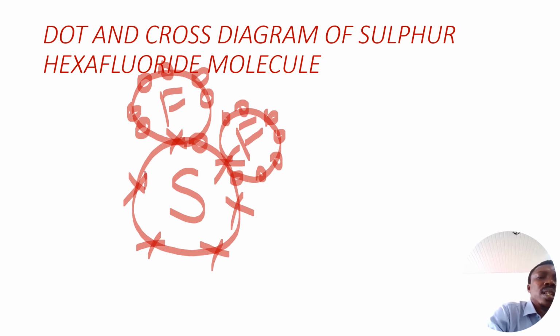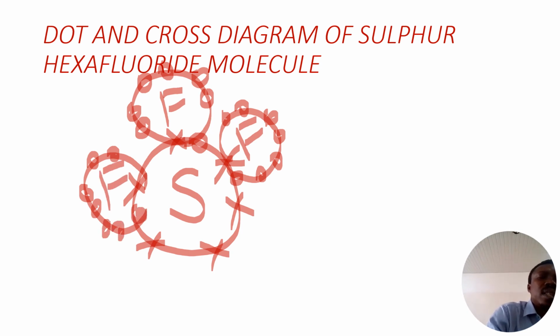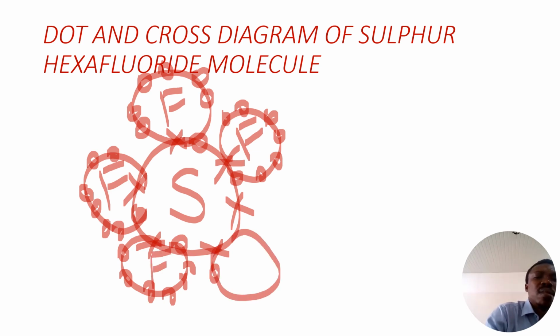Then 1, 2, 3, 4, 5, 6, 7. This fluorine: 1, 2, 3, 4, 5, 6, 7. This fluorine: 1, 2, 3, 4, 5, 6, 7. This fluorine.